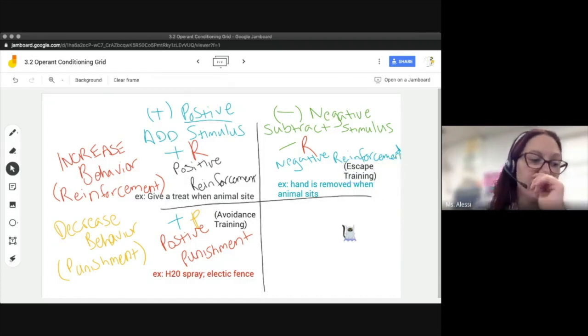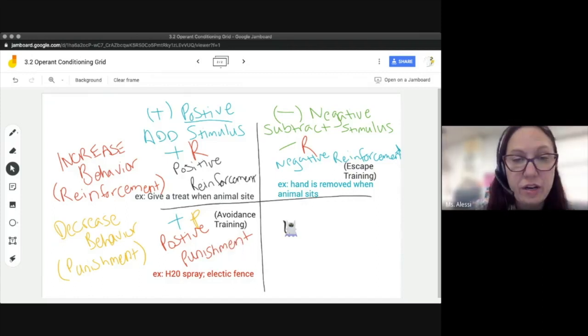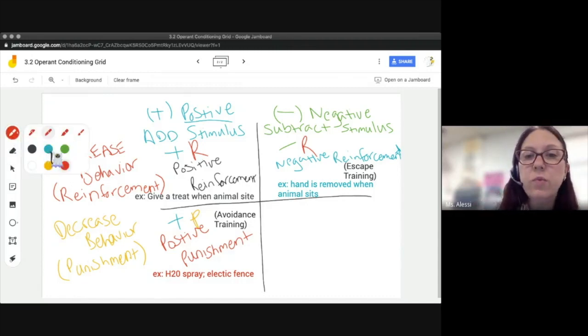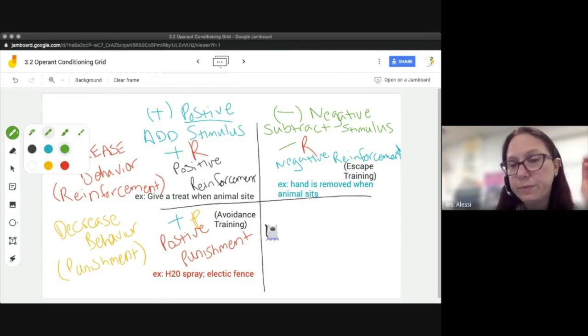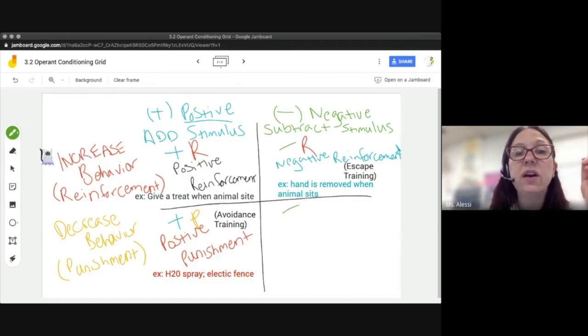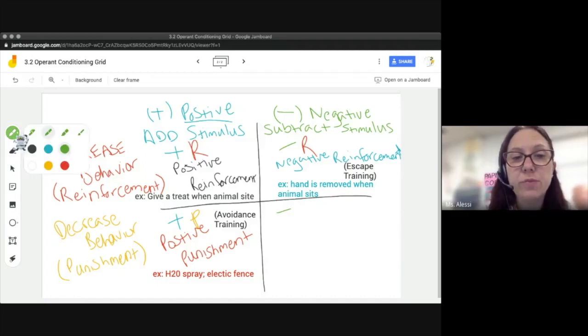And then last, we have our negative punishment. This is actually ideal. Okay. So when we use negative punishment and positive reinforcement together, we have this really great culmination of training with our animals. And so you can get much better rewards with positive reinforcement and negative punishment than you can with other stimuli.